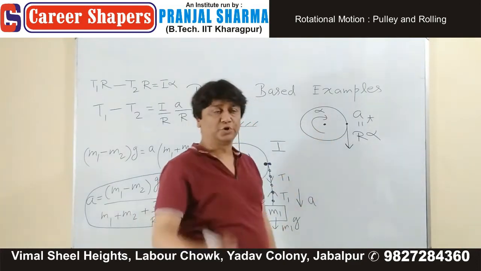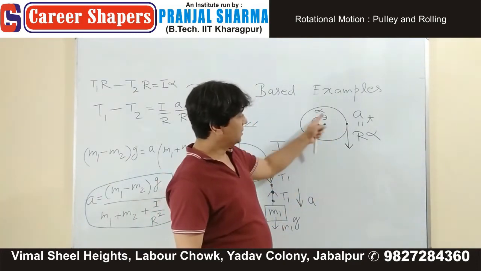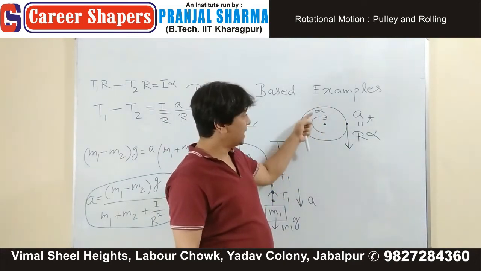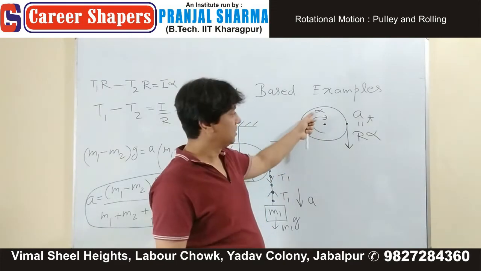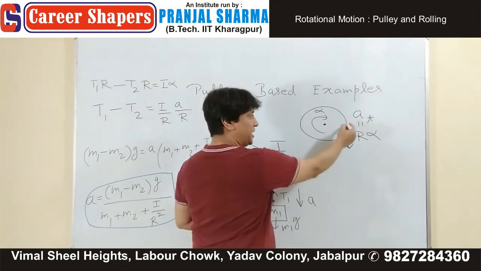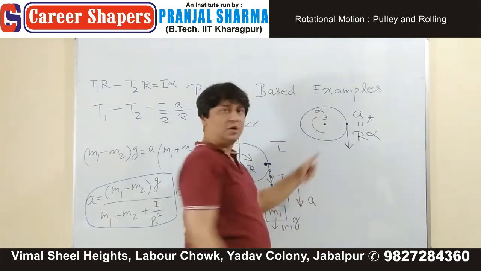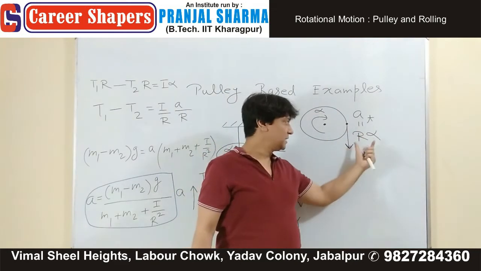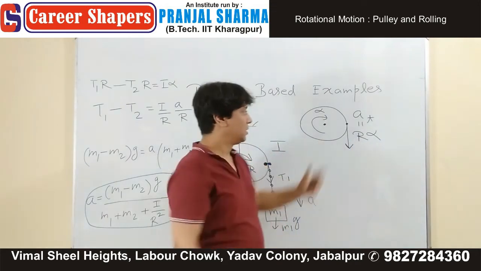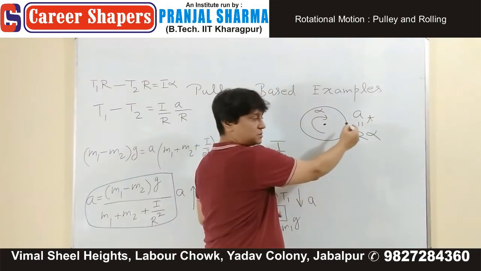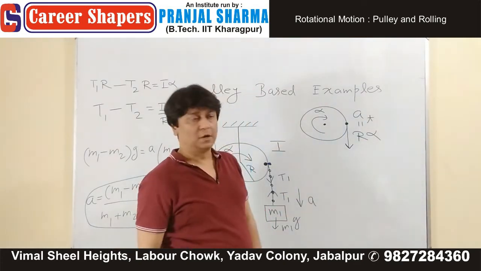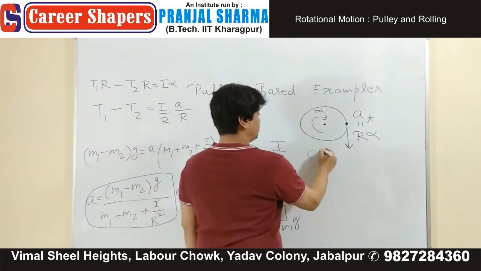In circular motion, we used to say that if an object is rotating with angular acceleration alpha, let's say this is the object, a point mass, rotating with angular acceleration alpha, then tangential acceleration is r alpha. This is coming from circular motion. You have a point mass which is rotating like this.